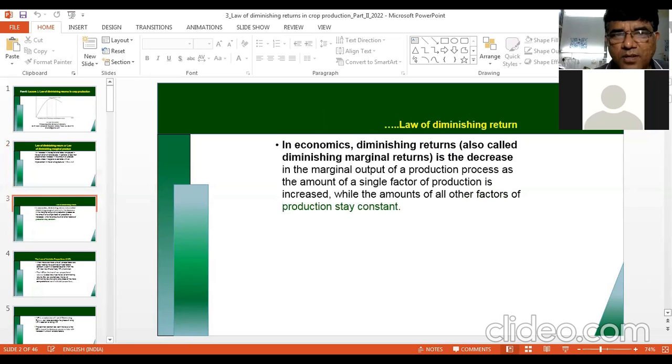Now, in economics, diminishing return is also called diminishing marginal return, because it is actually marginal returns which are decreasing, as the output of a production process changes when the amount of a single factor of production is increased. To make you understand this, it is basically based upon a single factor, while the amount of other factors of production stays constant.